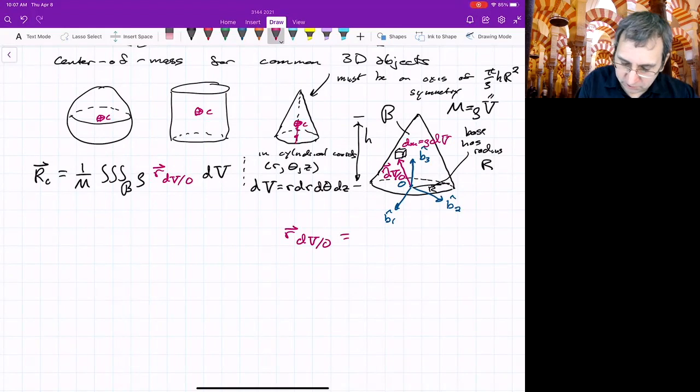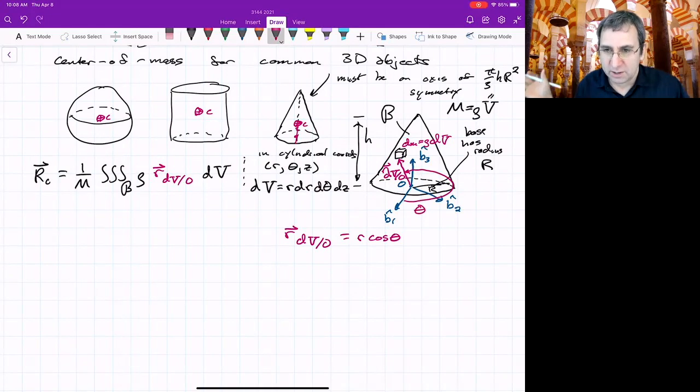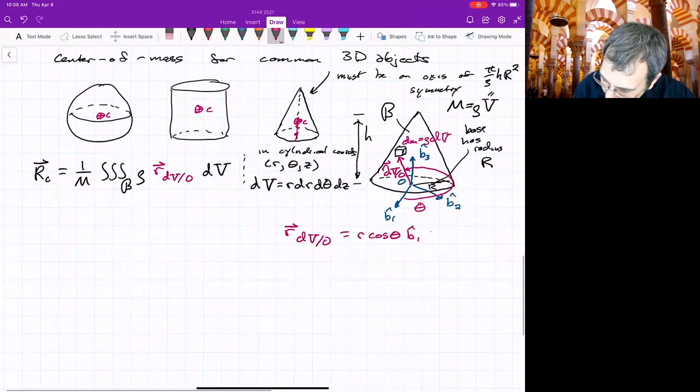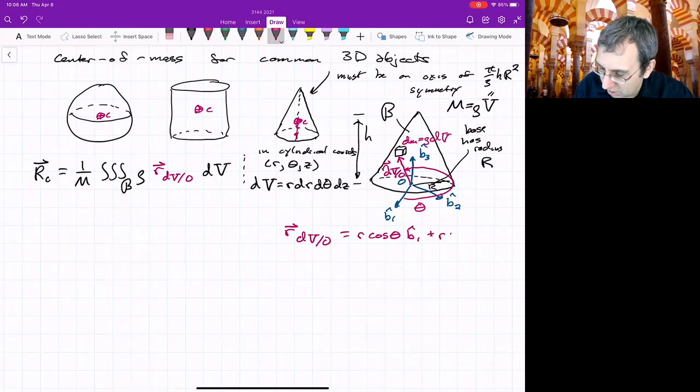So it's going to be r cosine theta, where theta is the angle with respect to the b1 direction, b1, plus r sine theta b2, right? It just looks like polar coordinates in b1 and b2, and then z in the b3 direction.